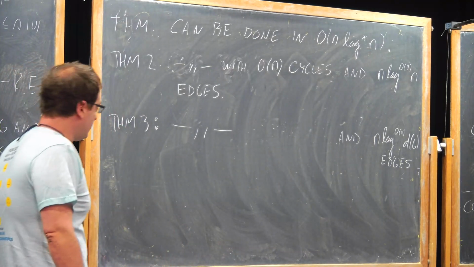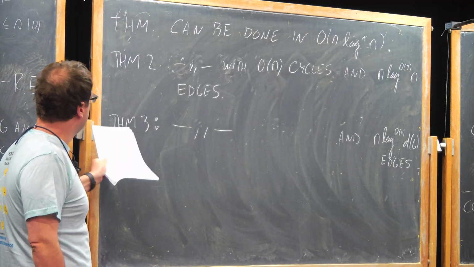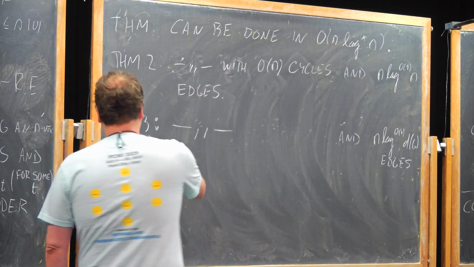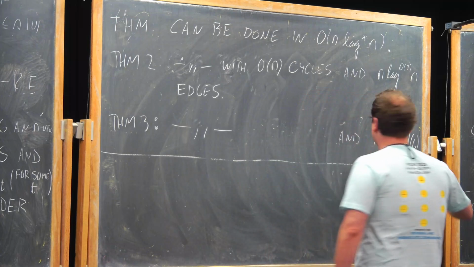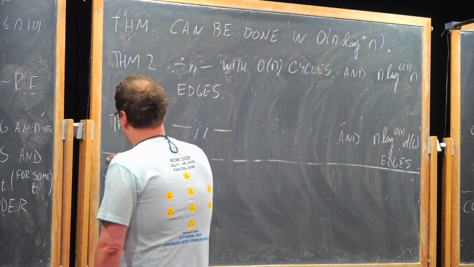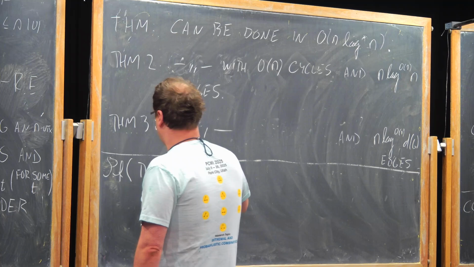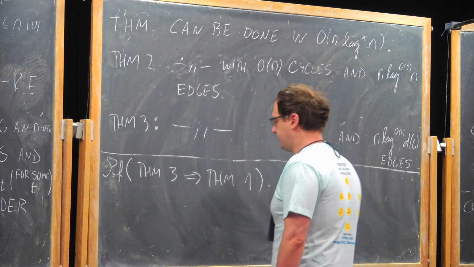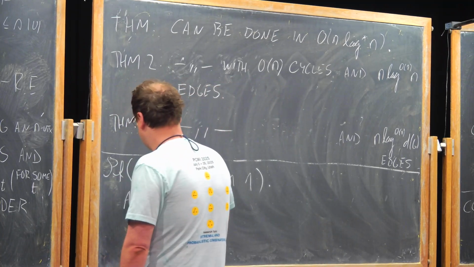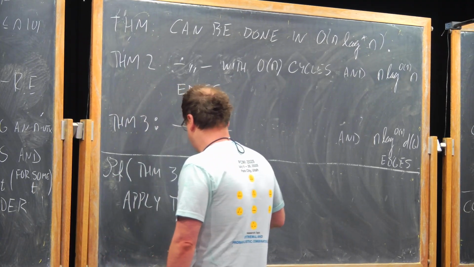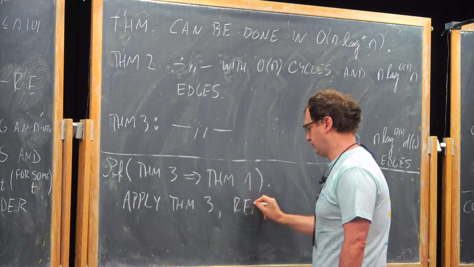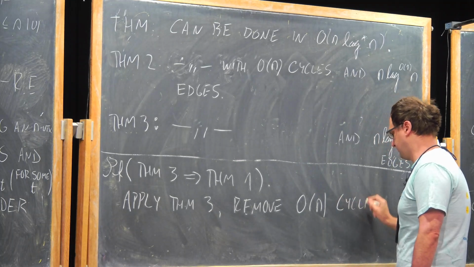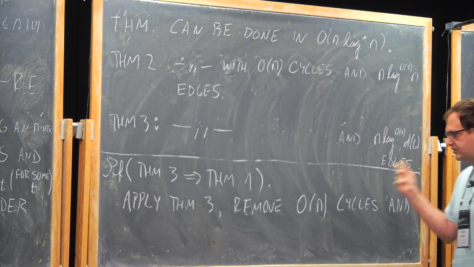Okay, so first I want to show you that theorem 2 implies theorem 3, and then that, so actually I more or less already told you that, so let's just do that first. Theorem 3 implies theorem 1. So the proof that theorem 3 implies theorem 1 is: apply theorem 3, remove big O of n cycles, and what happens to the average degree?